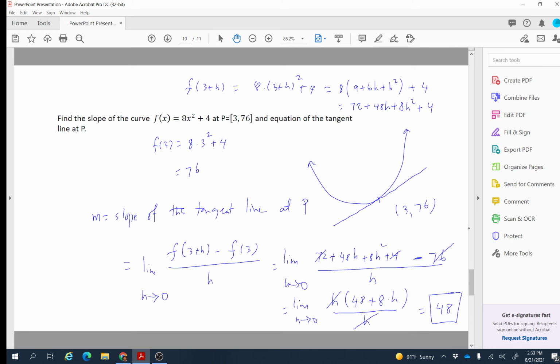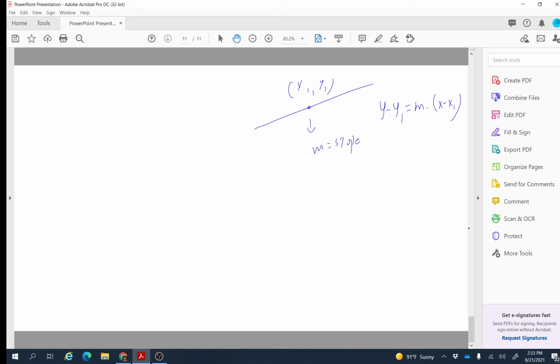So in our case, you have a point (3, 76) and a slope of 48. So our (x1, y1) is (3, 76), and the slope is 48. If you use this formula, that would be y minus 76 equals 48 times x minus 3.